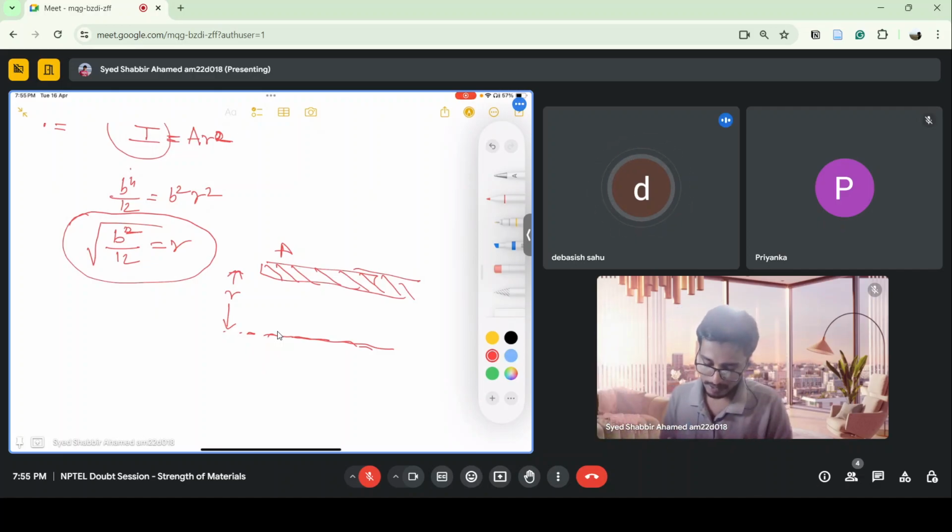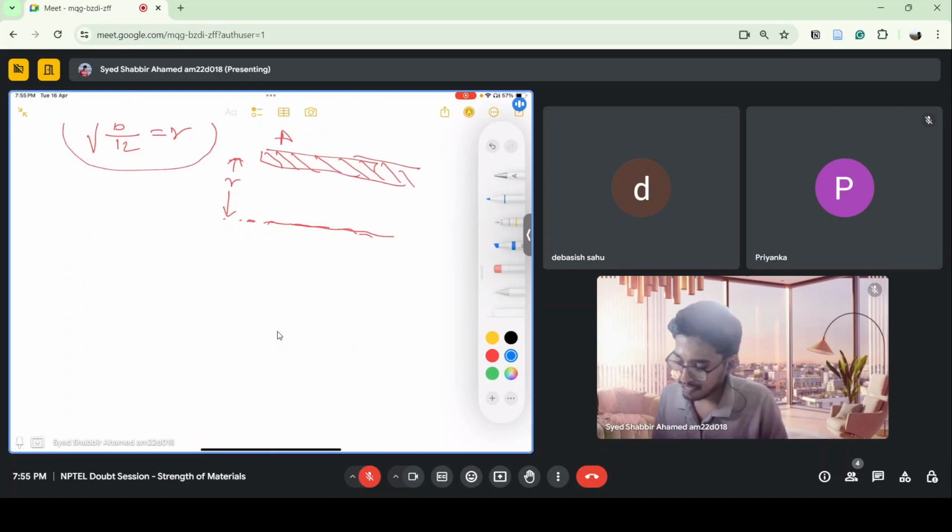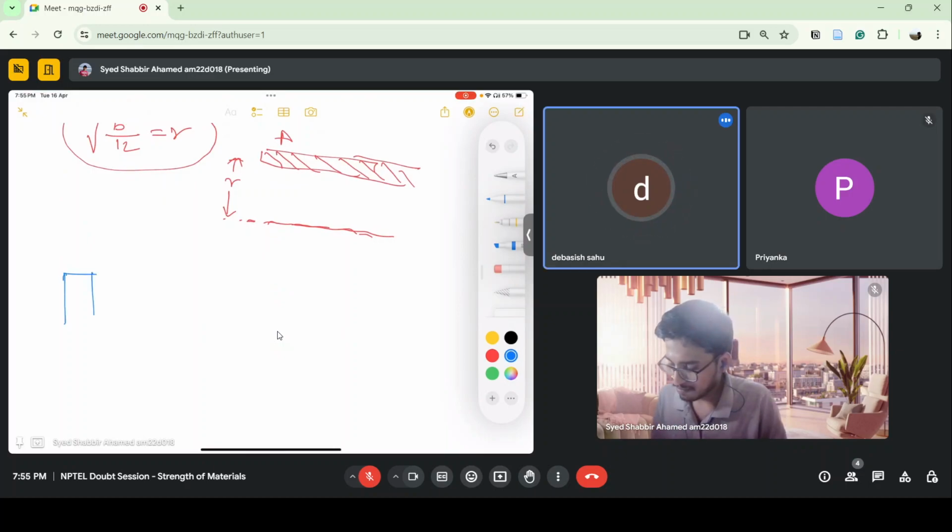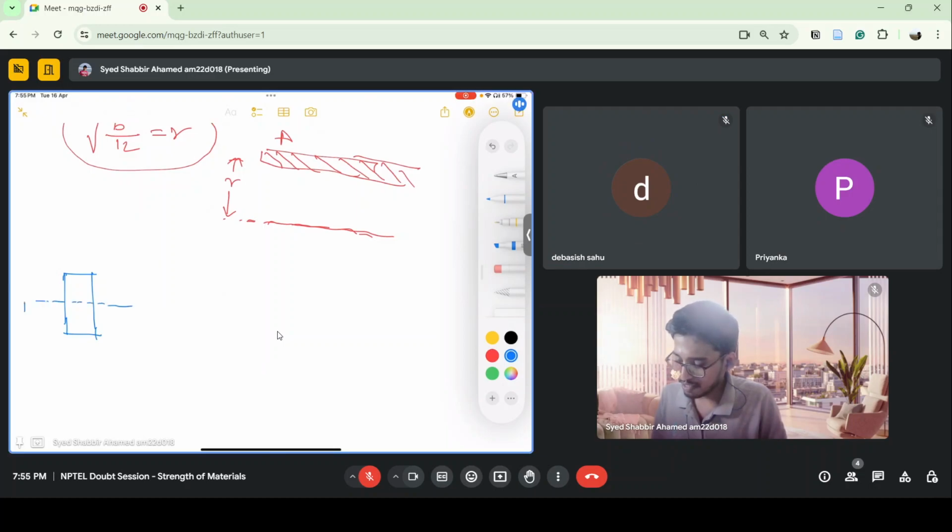I will explain. See, the parallel axis theorem is when, let's say, I know the moment of inertia about this axis, which is passing through the center of my rectangle, but I want to know the moment of inertia about this other axis. I know this, but I don't know that.